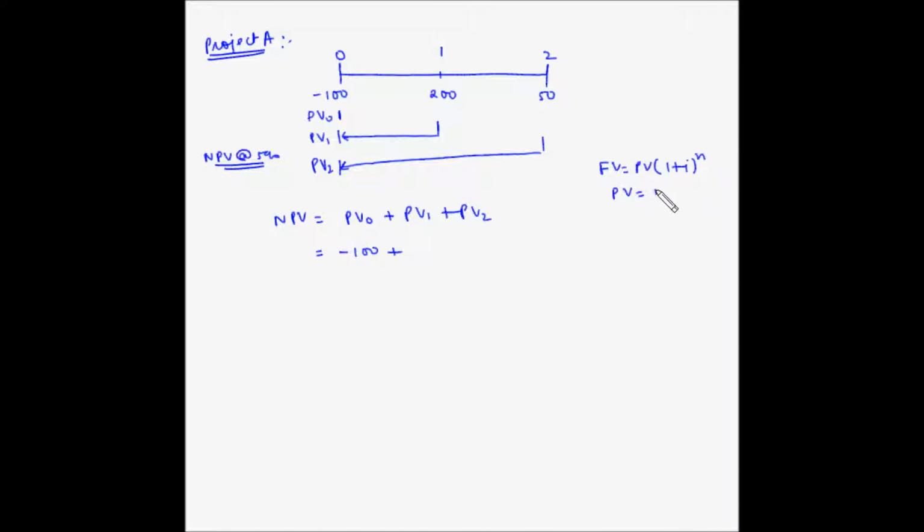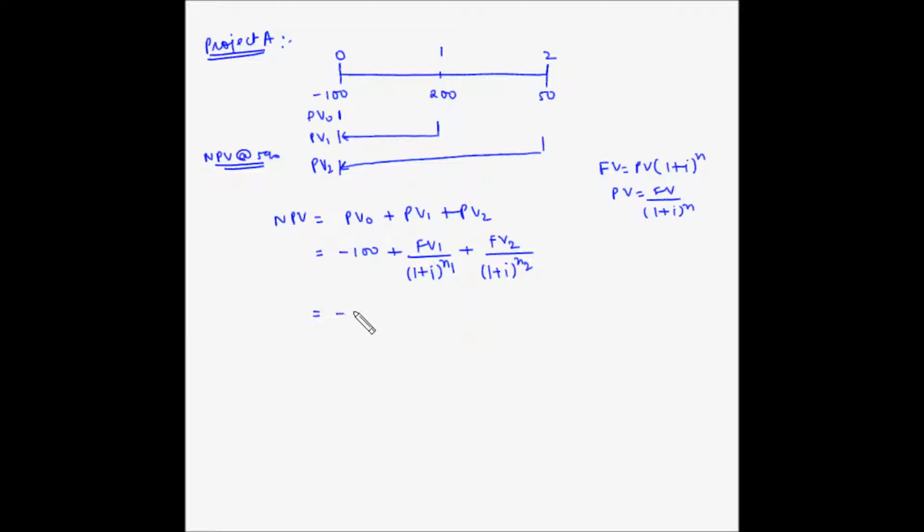So PV is equal to future value divided by (1 plus i) to the power n. So PV1 is FV1 divided by (1 plus i) to the power n1 plus PV2 is FV2 divided by (1 plus i) to the power n2.